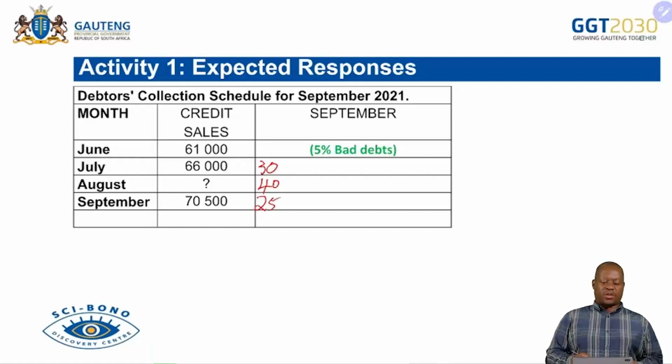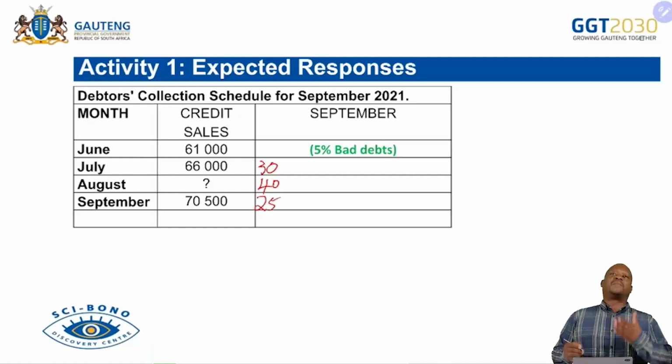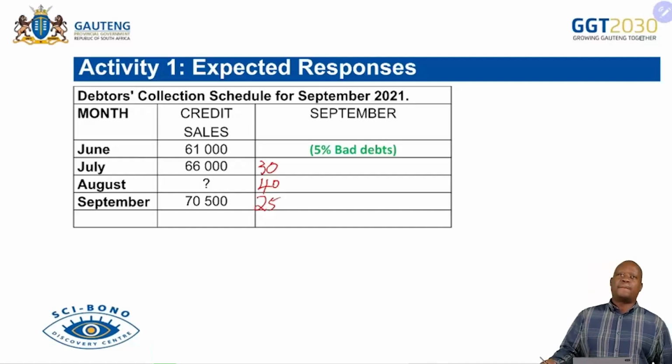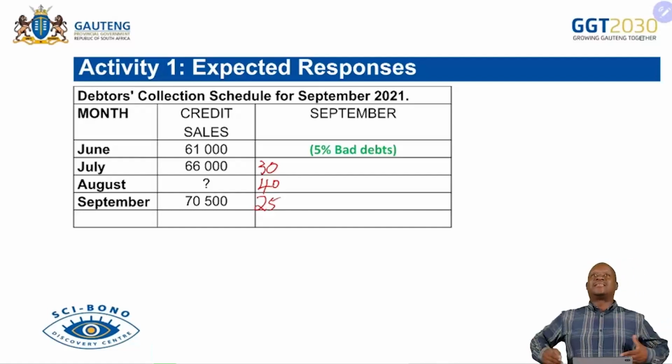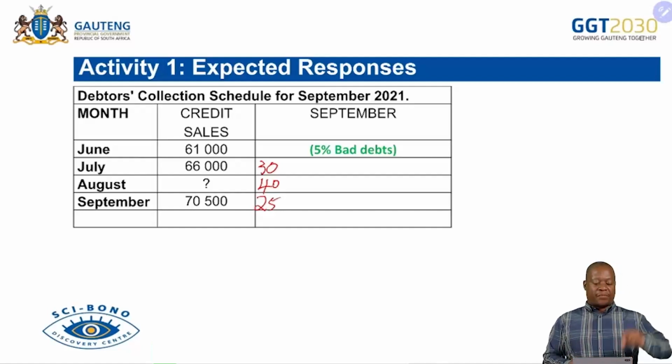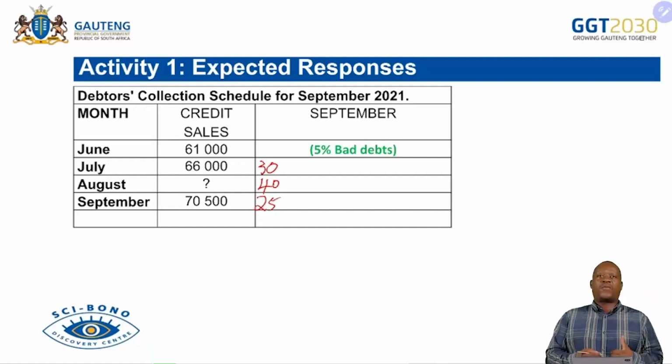What happens to the 5%? In the fourth month, we are going to write it off as bad debts. That is an expense that we take to the projected income statement. So it therefore means now, in September, we are writing off bad debts for the month of June. Let it sink.